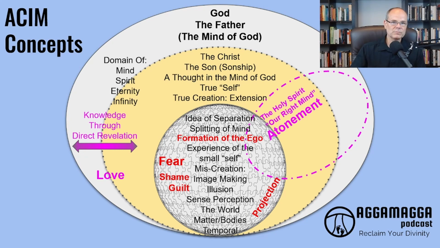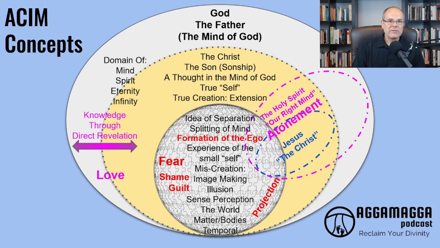Okay. So now we get to Jesus the Christ. This could be a challenging thing for other Christians. But really, according to the Course, Jesus is the author of A Course in Miracles.